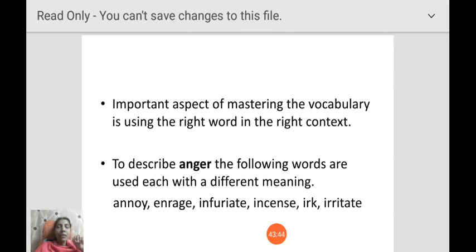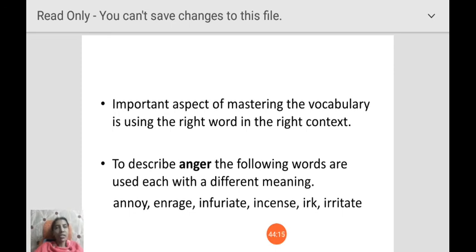To describe anger, the following words are used, each with a different meaning. Anger is an emotion. If you look at the synonyms of anger, we find annoy, enrage, infuriate, incense, and irritate.